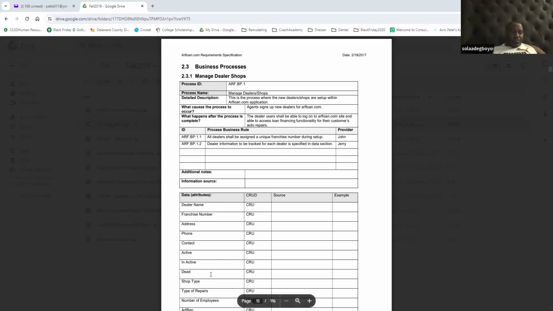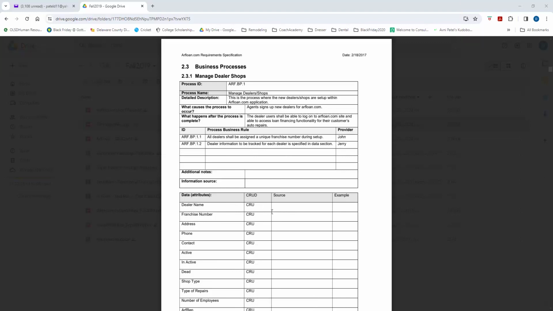In this case, later on in the document, they've clearly outlined how the franchise number gets calculated, so they didn't feel the need to put an example. But if you're pulling information from some other systems, then they will put what the source is from where this data is coming. In this case, there's no additional source because all this data is getting created in the system itself. That's why you're seeing it's create, read, and update in here.